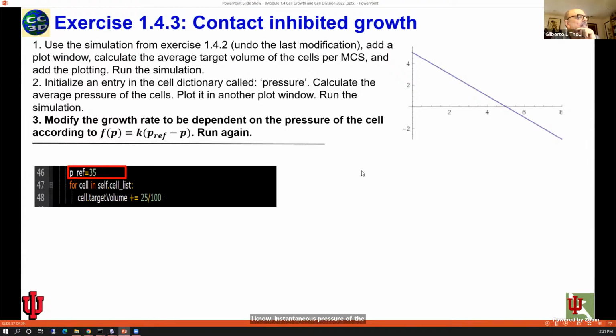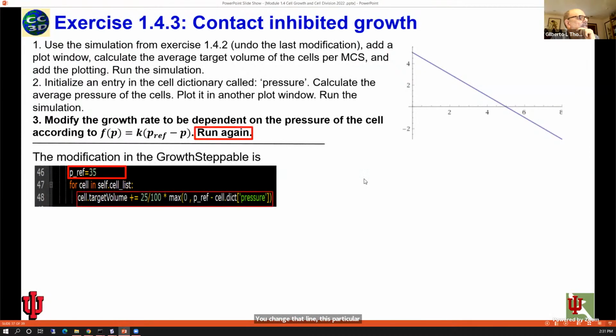So how do you do that? You change this particular line here to multiply the growth, the one which we have there. I think it's 25 by 500. That is in the code I was showing. This one.